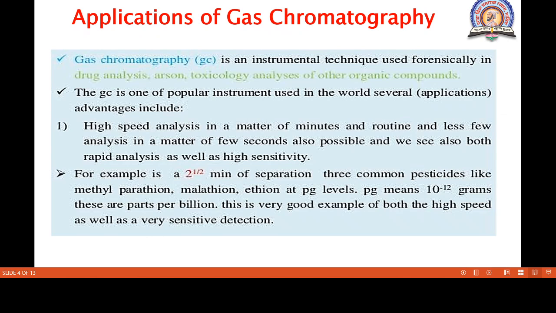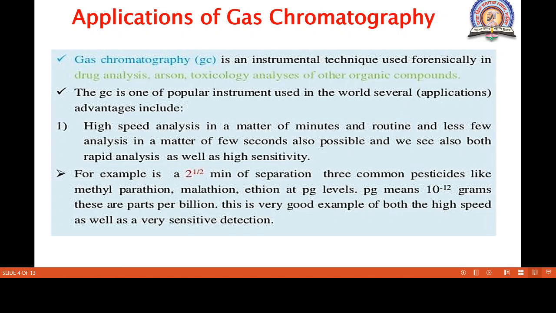Okay. Then we see the applications of gas chromatography. This GC is an instrumental technique used forensically in drug analysis, aerosol, toxicology, and analysis of other organic compounds.